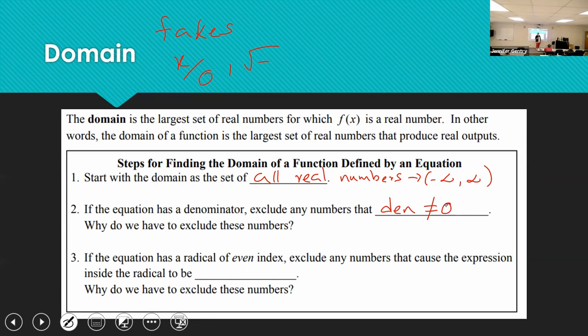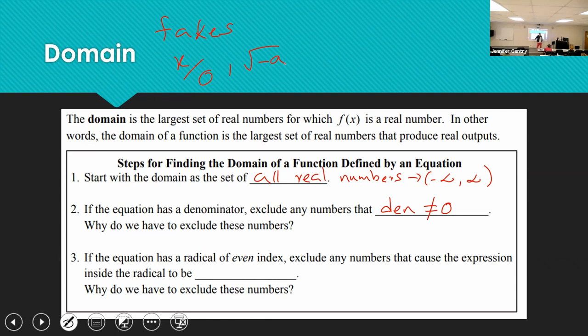Fourth root. What they're saying is if this number over here is even, whatever goes with that radical sign, exclude any numbers that cause the radical to be what? Negative. Very good.